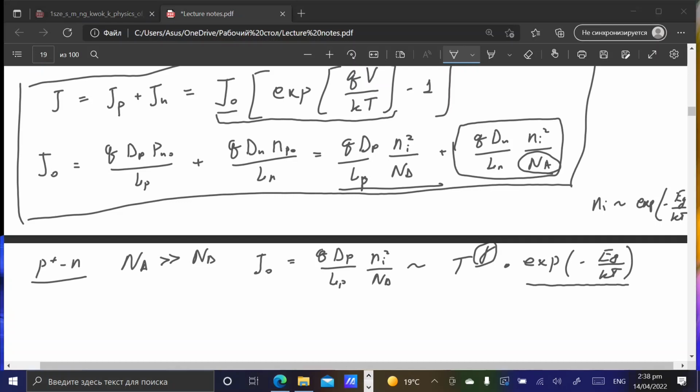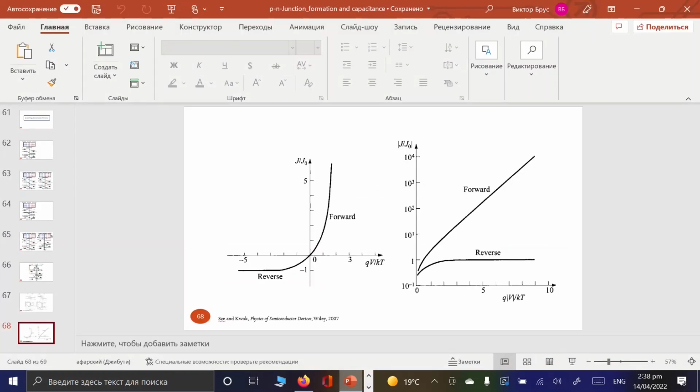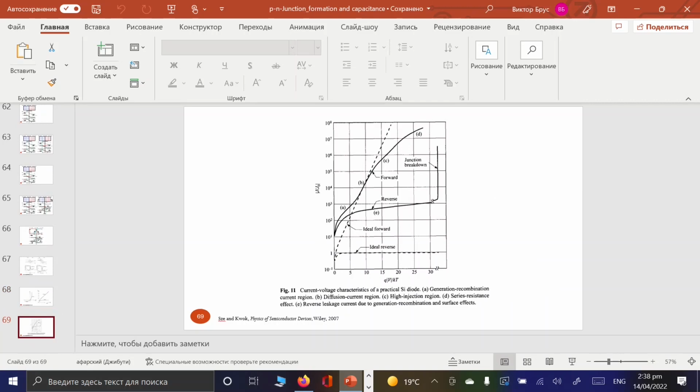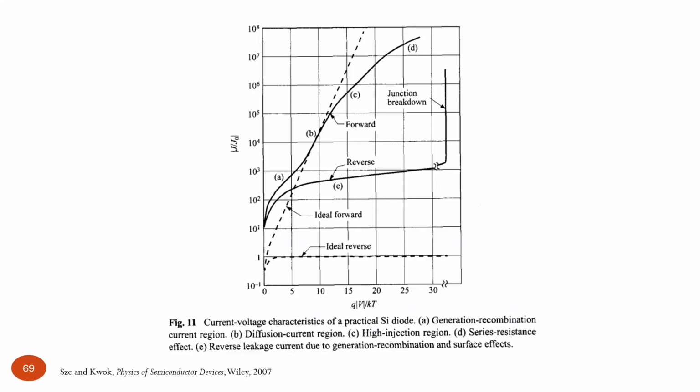Now let us talk about reality and the ideal world. So far it was the ideal world, and now we show here, you see these dashed lines.